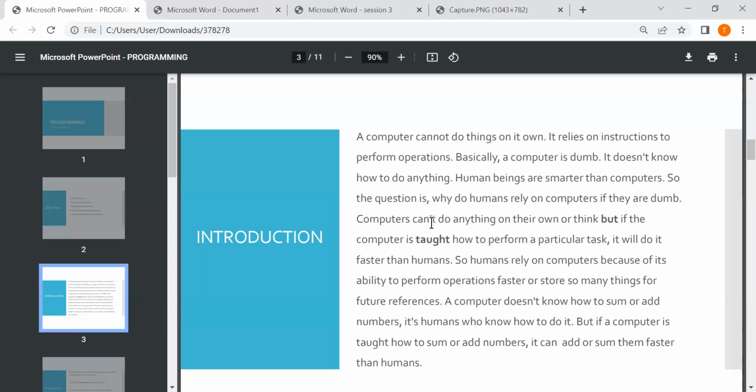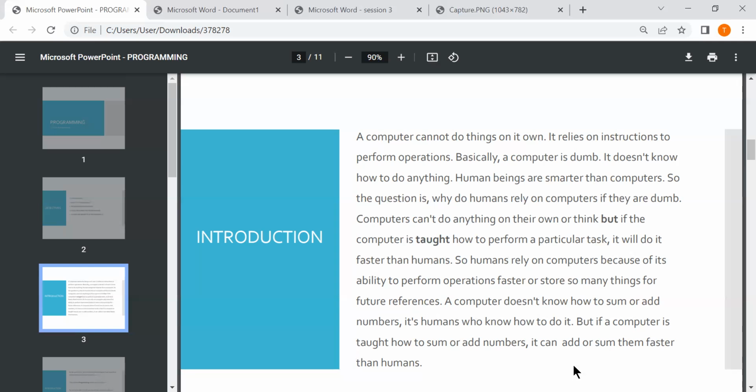So the question is, why do humans rely on computers if they are dumb? Computers can't do anything on their own or think. But if a computer is taught how to perform a particular task, it will do it faster than human beings. So human beings rely on computers because of their ability to perform operations faster or store so many things for future reference.